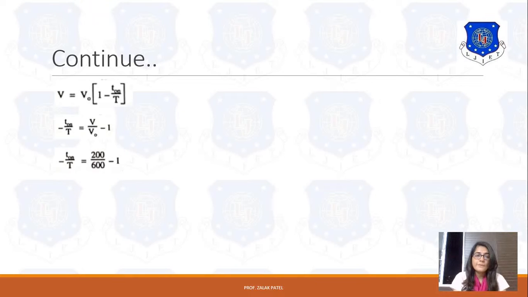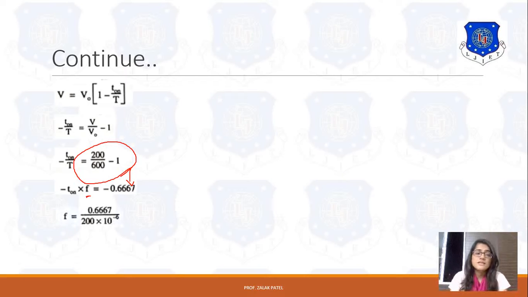So we put it over here, and if we simplify, it is T on into F, where 1 upon T is F. If we calculate it, it will be 0.6667. So we have the equation in terms of on time and frequency, but we want the frequency, so it will be 0.6667, but on time is given as 200 microseconds, so we divide by this and we get the answer, that is 3333 hertz. Now let's take the second case.